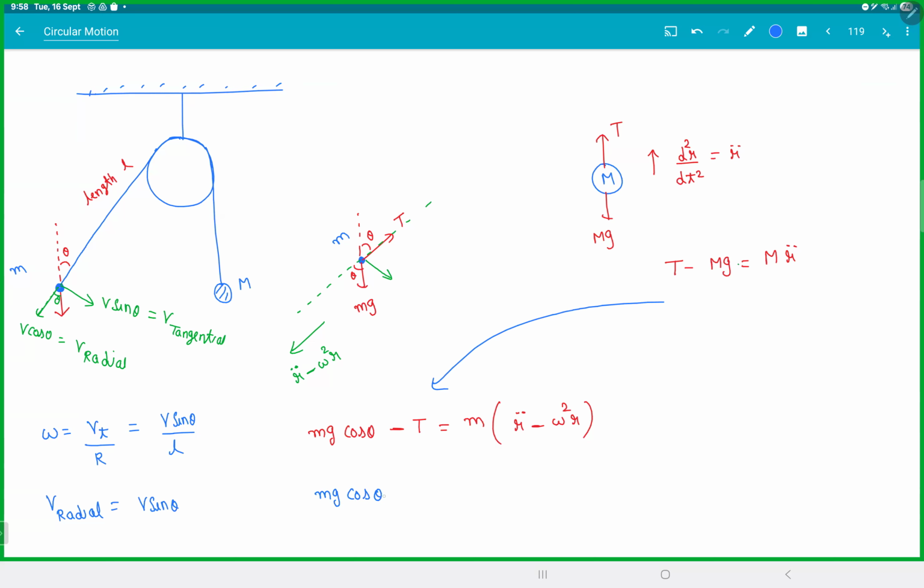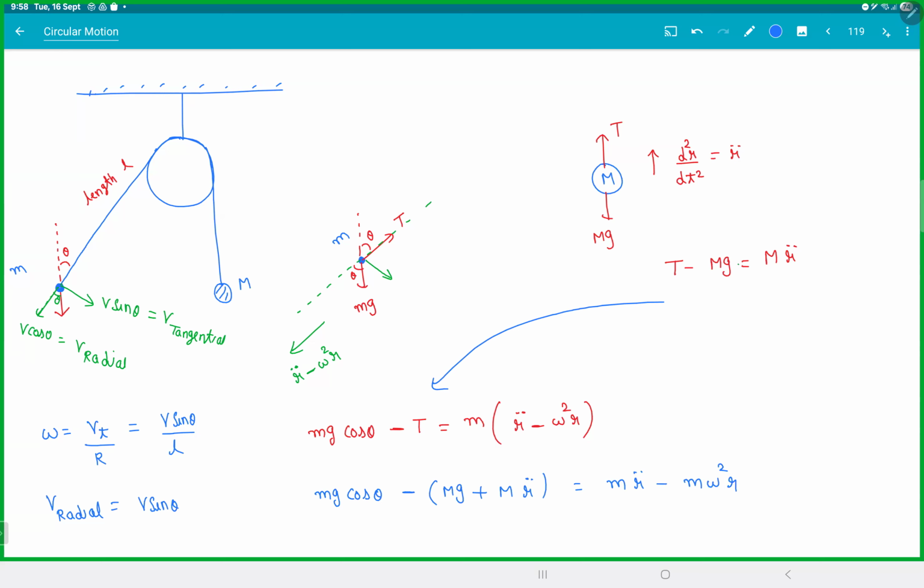This will be mg cos theta minus tension. That will be minus capital Mg plus m R double dot. I'm actually trying to find that R double dot. That's your acceleration, which is m R double dot minus m omega square R.